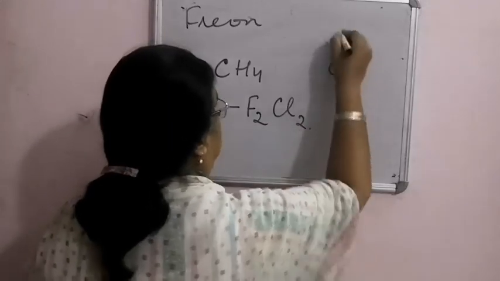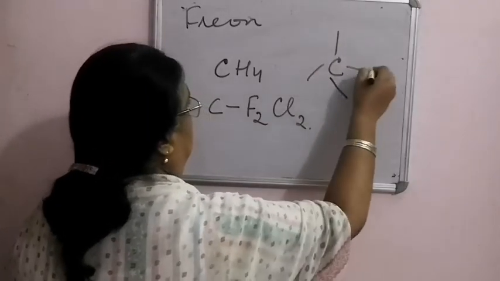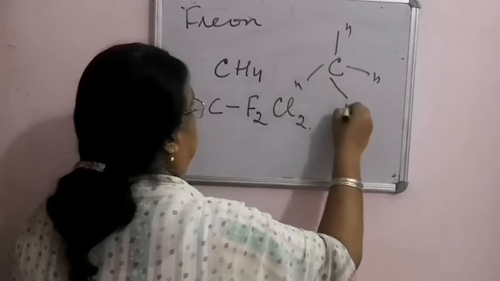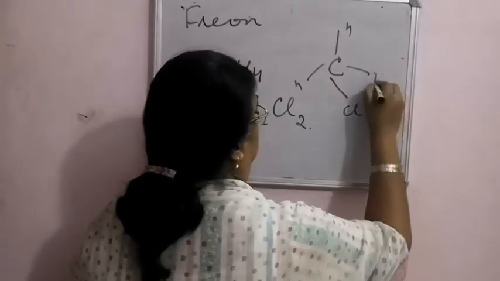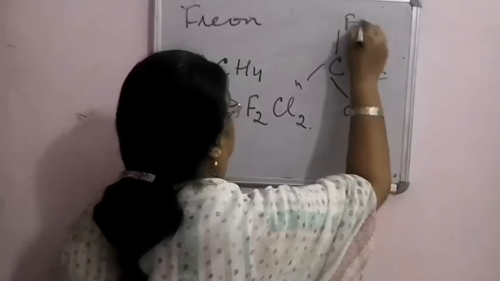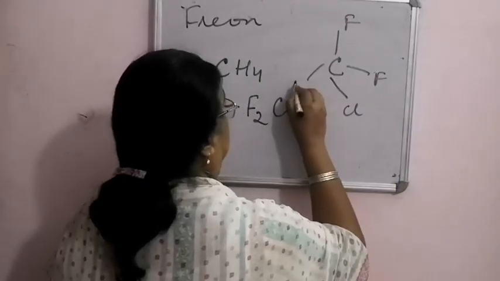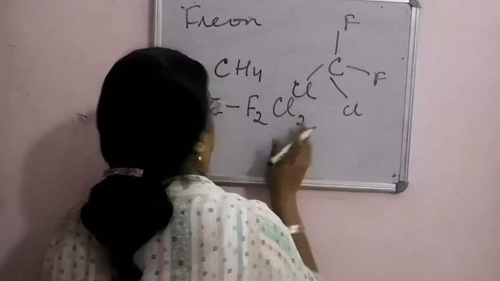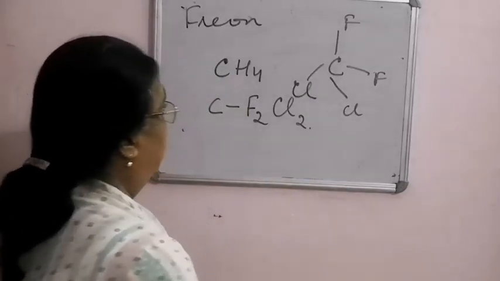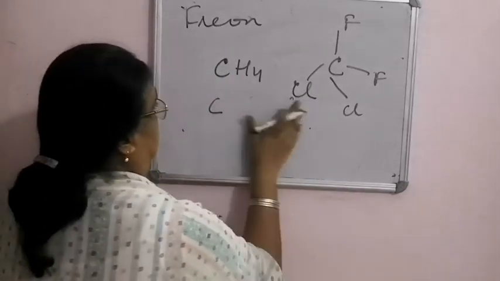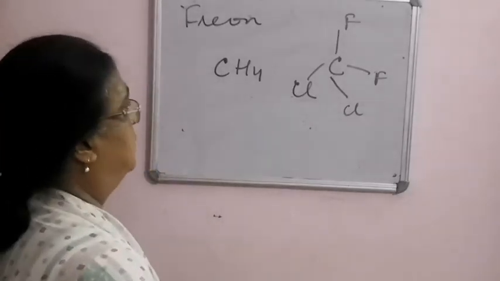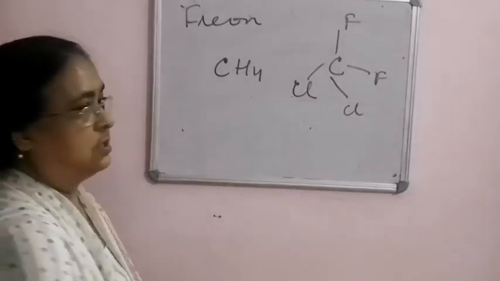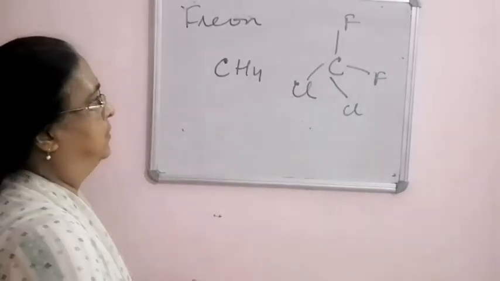So you know this is your methane, H, H, H and H. So if this is replaced by Cl, fluorine and Cl, then this is your dichlorodifluoromethane, which is freon, and you know this is not decomposable.